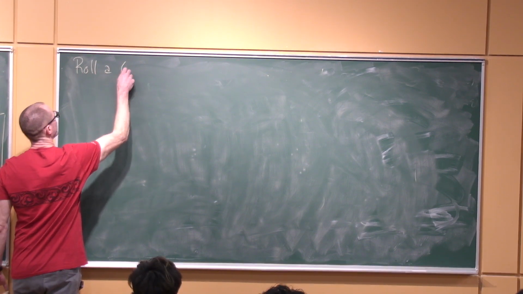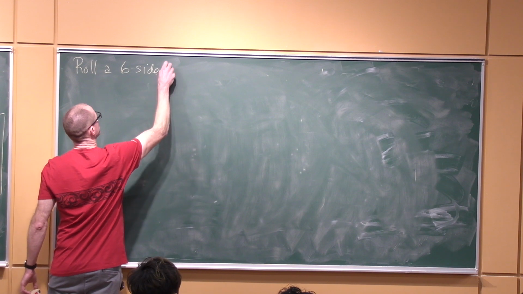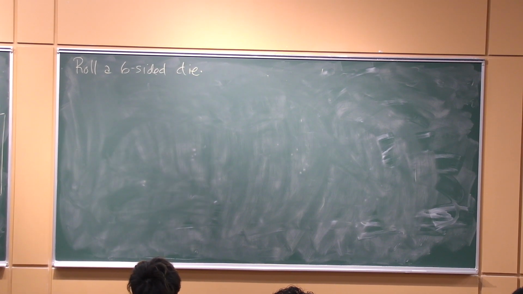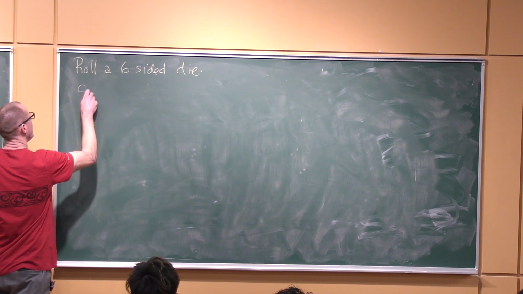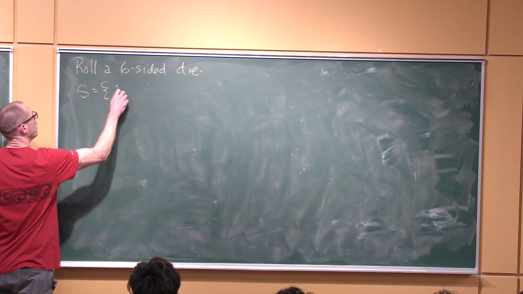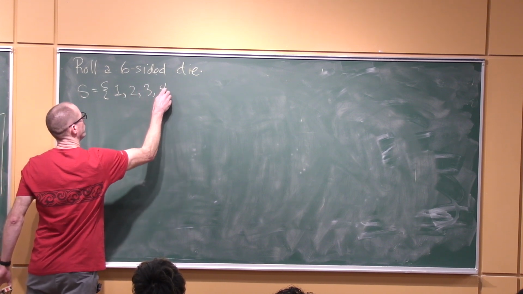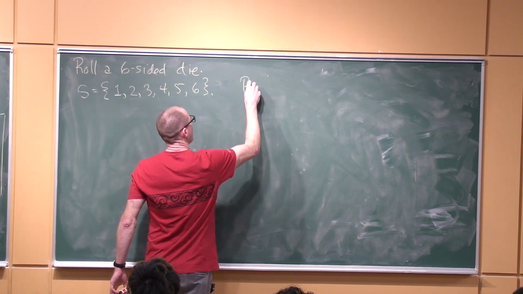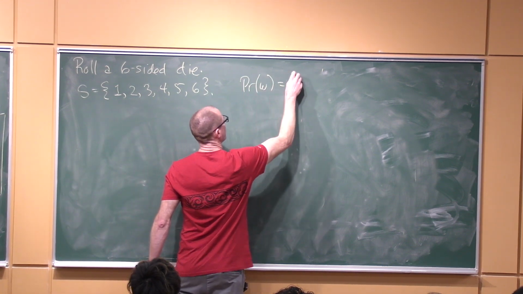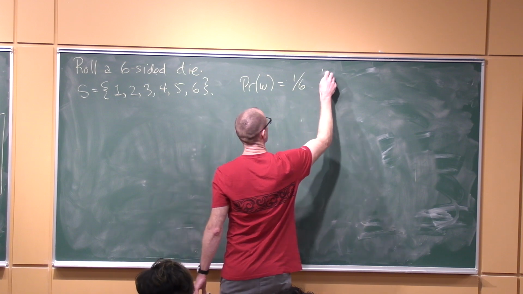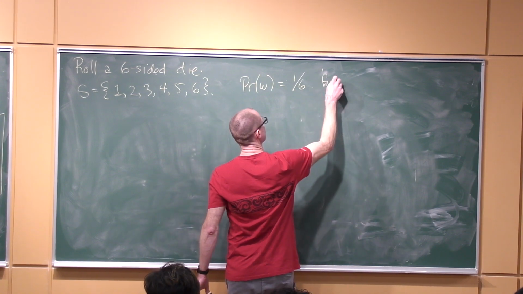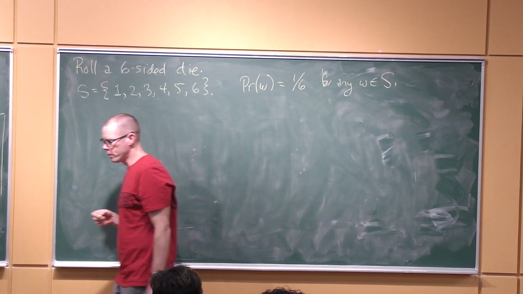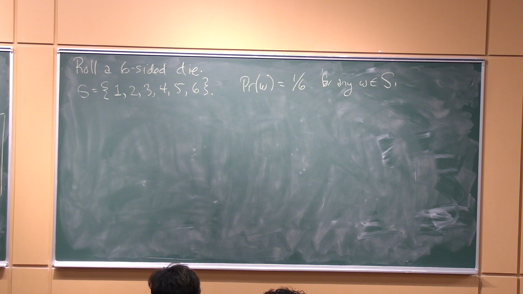We roll a 6-sided die, one of our favorite classics. When we do that, we have a set of possible outcomes that we call 1, 2, 3, 4, 5, 6. And the probability of any particular outcome is 1 out of 6. So it's a standard uniform probability space.